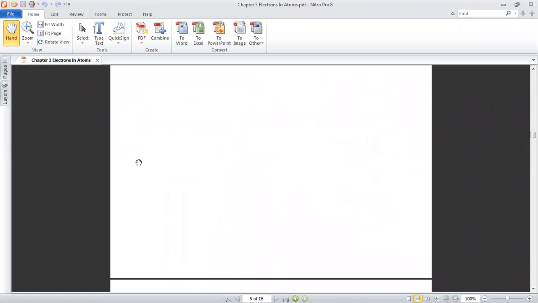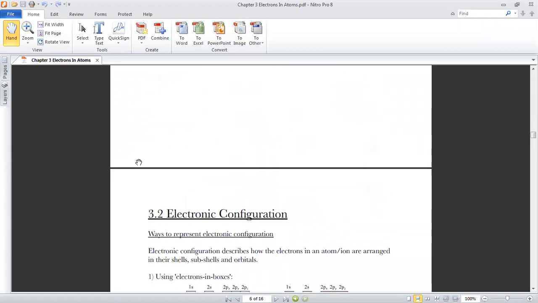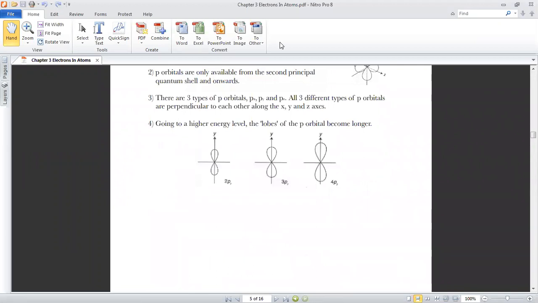You need to draw a simple diagram of the p orbital. Then the d orbital has a double dumbbell shape. So how to draw a double dumbbell? You just need to draw these axes, x-axis, y-axis, and z-axis. If I draw a double dumbbell, I'm not drawing on the lines of the axes, I'm drawing between the axes.